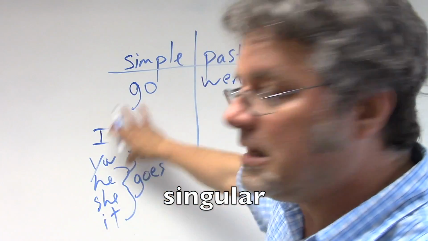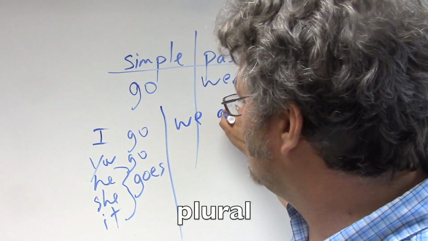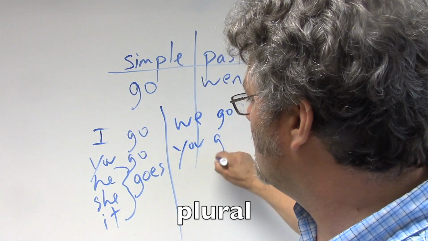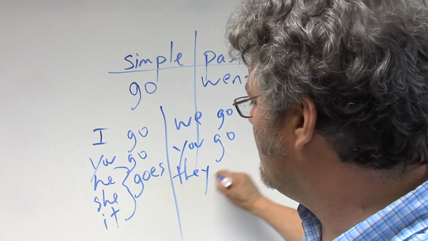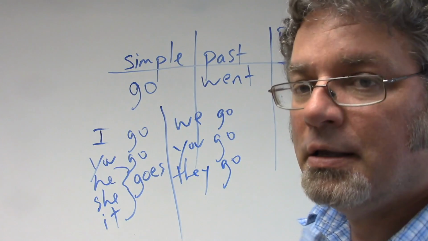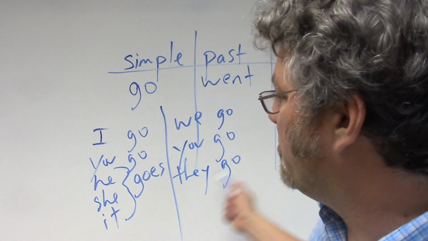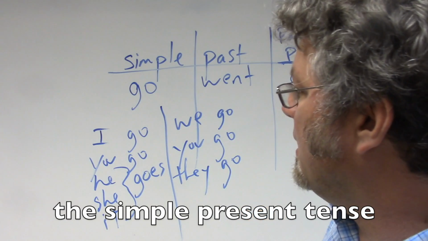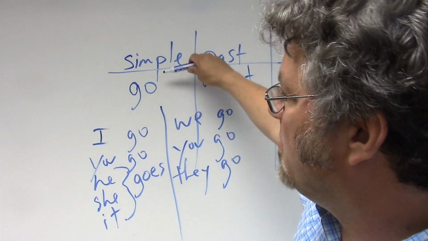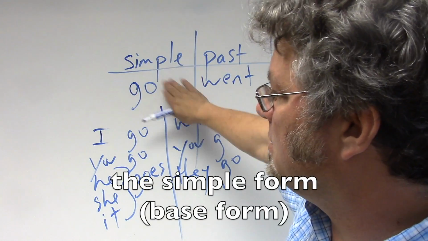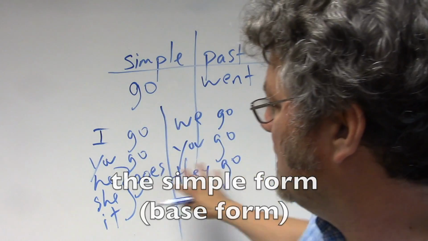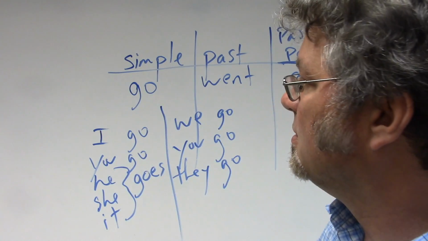And these are all singular. We go, you go, and they go. So this is the simple present tense, and it's a little bit different from the verb in the simple form. This is the simple form of the verb, and this is in the present tense.